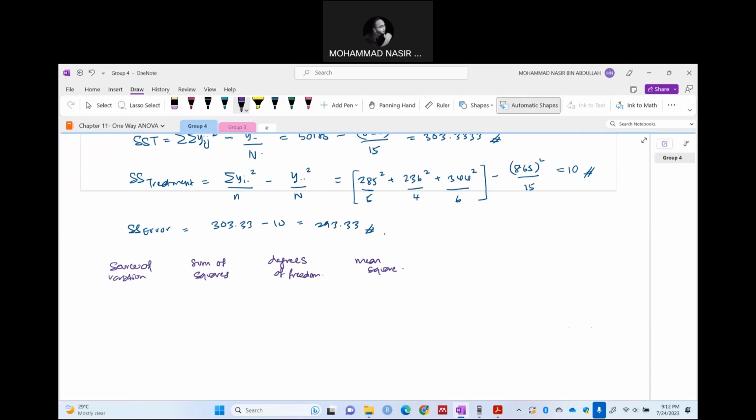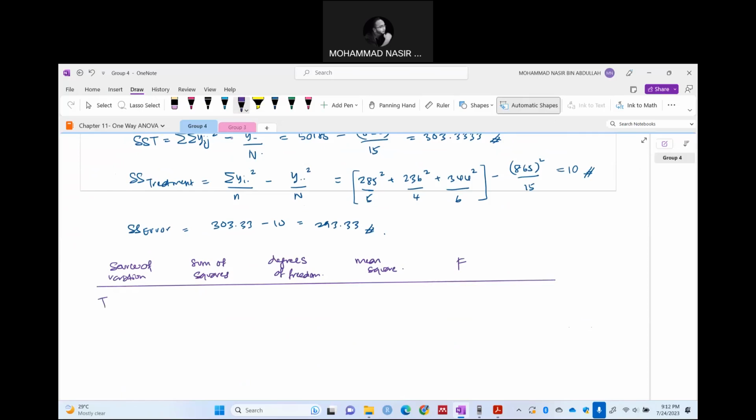Boleh faham? For simple linear regression, degree of freedom for regression should be only one. For multiple linear regression, for regression kan, kita ada K, should be equal to K. And this one, K minus 1. Different formula. And last is F value.